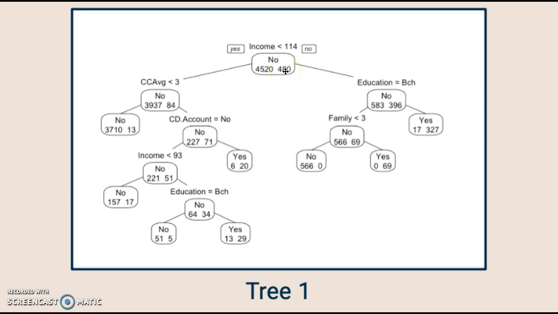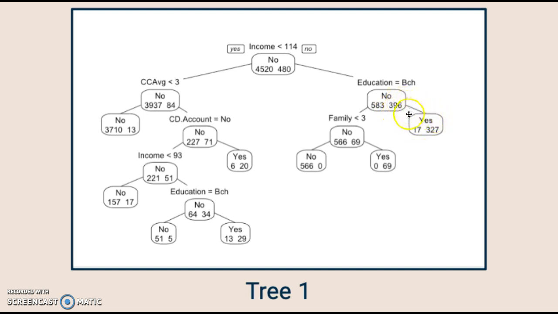Going on the reverse side, individuals who make greater than $114,000, there are 480 of them, and who have an education which is equivalent to a bachelor's degree, which can be seen in this outcome right here. There's 583 individuals who do have an education equivalent to a bachelor's degree, and there's 396 individuals who do not.